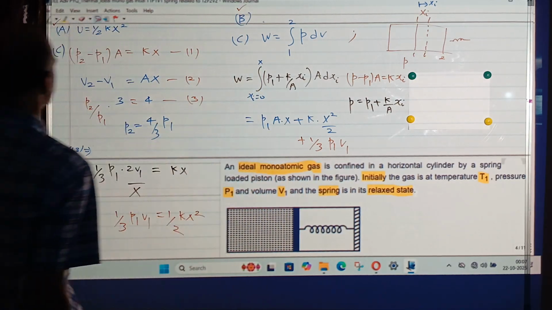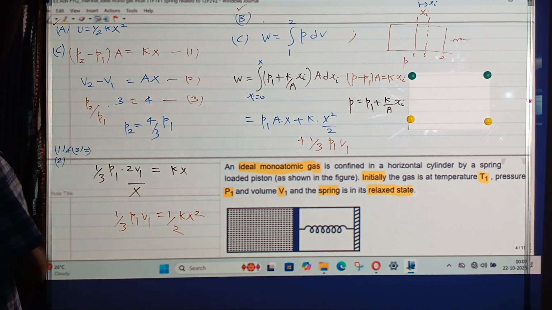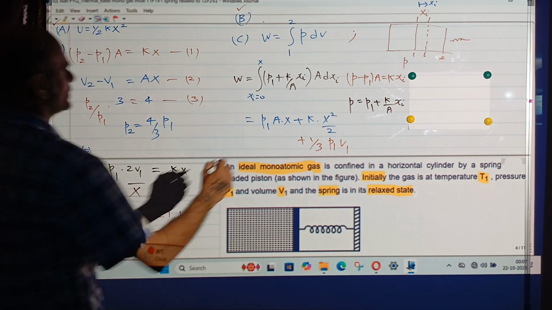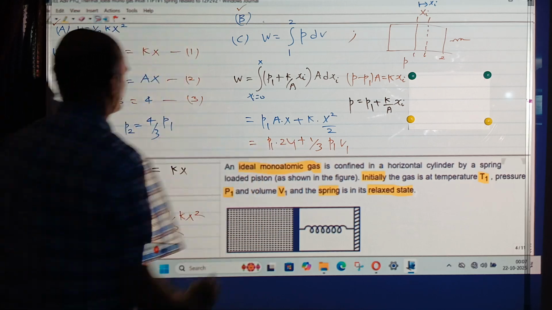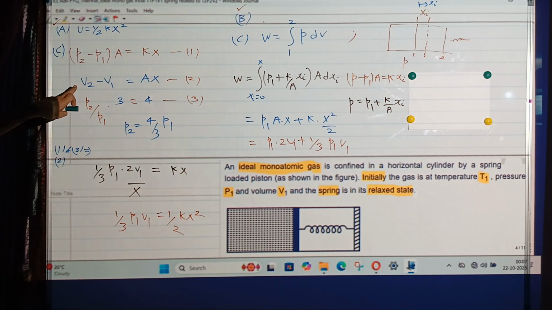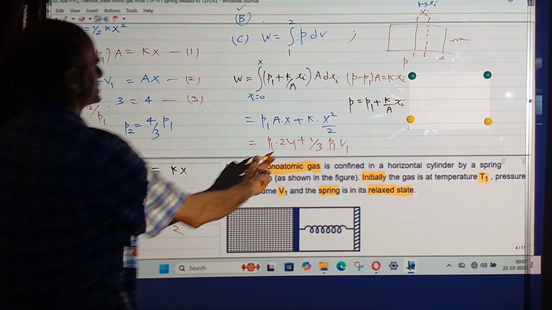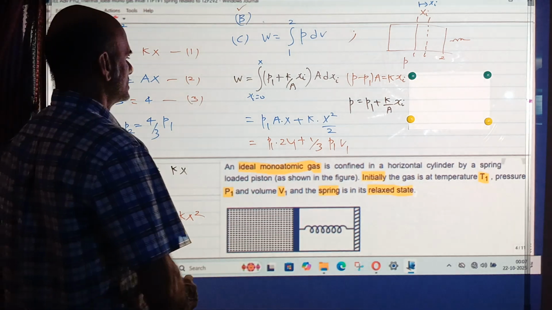And this AX I can get from here, which is V2 minus V1. Volume has increased, so it's 2V1. So P1 into 2V1. AX is V2 minus V1. V2 is thrice V1, so this increase in volume is 2 times V1. So 2 plus 1/3.